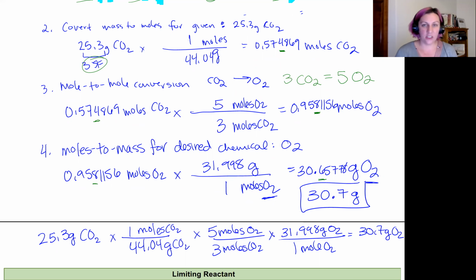And if I look at how the units cancel out here, I'll see that my grams of carbon dioxide cancel, my moles of carbon dioxide cancel, my moles of oxygen cancel, and I'm left with grams of oxygen.